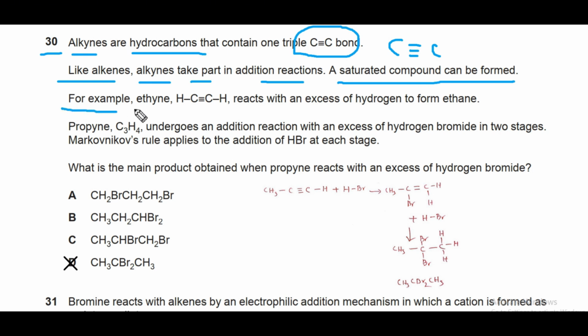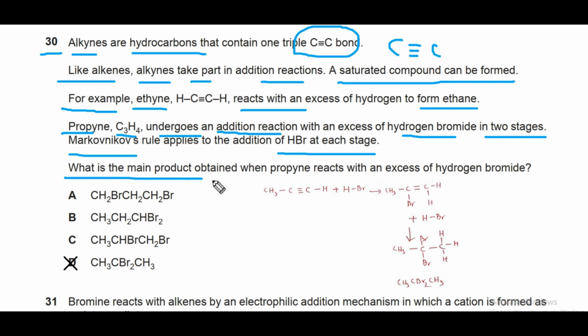For example, ethyne reacts with an excess of hydrogen to form ethane. Propyne, C3H4, undergoes an addition reaction with an excess of hydrogen bromide in two stages. Markovnikov's rule applies to the addition of hydrogen bromide at each stage.